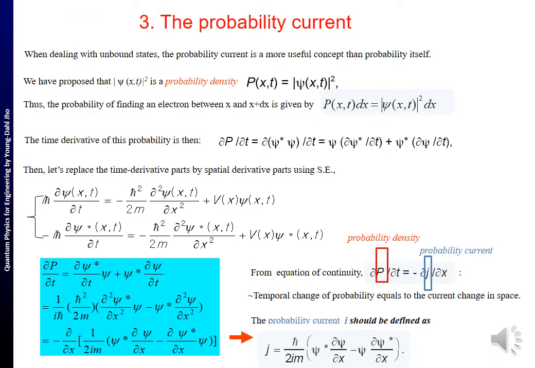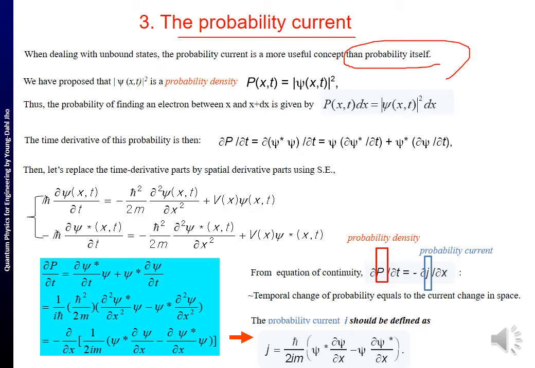So now we use the concept of probability current. When dealing with unbounded states, the probability current is a more useful concept than probability itself because velocity is different in different regions.